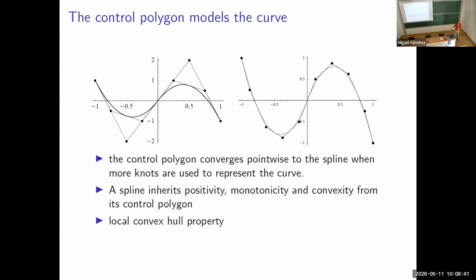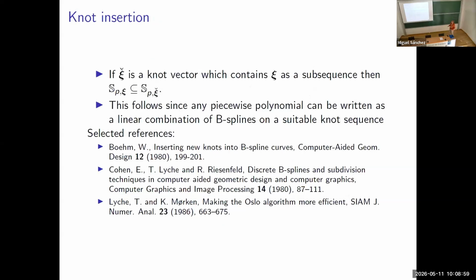You just look at the control polygon for sufficiently fine knots, and you get at least a necessary condition. You also have something called the convex hull property.